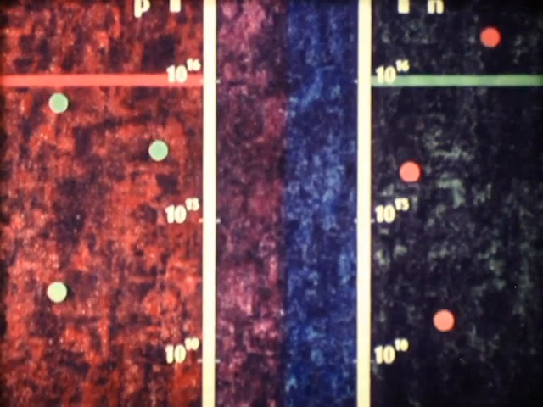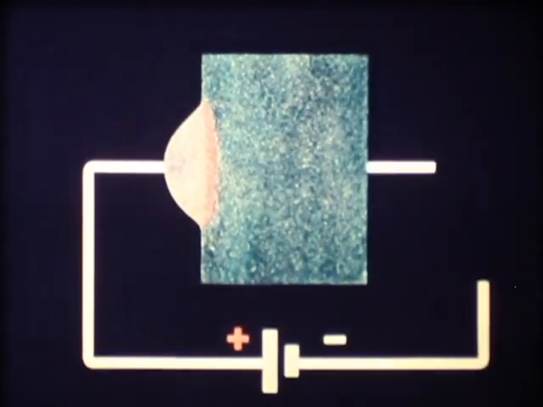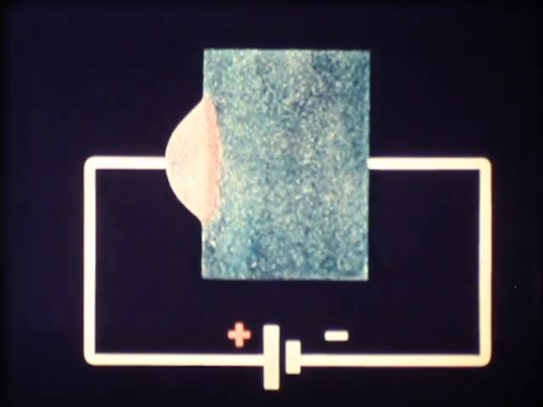The majority and minority carrier concentrations outside the barrier region are represented in the graph by horizontal lines. However, if we now apply a forward voltage to the crystal, the width of the barrier will decrease, and again a certain number of majority carriers will diffuse from both sides.